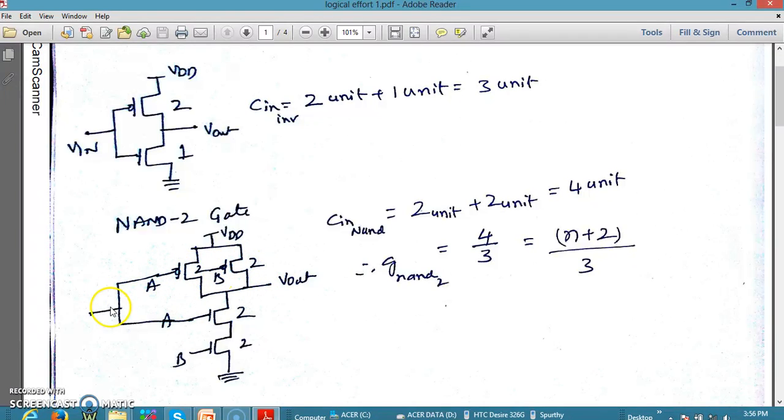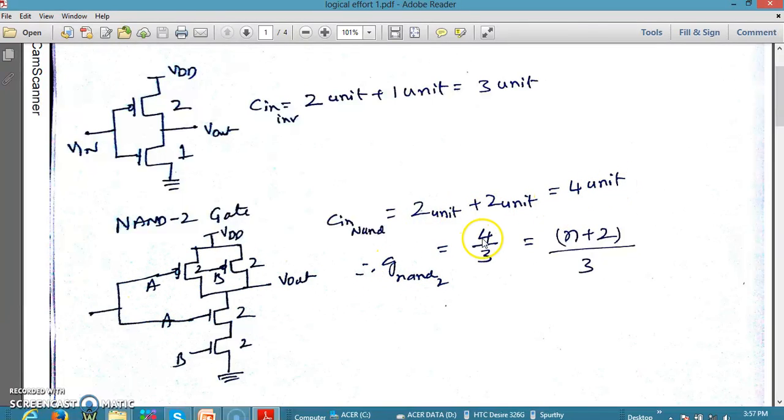So the input capacitance of this 2-input NAND gate is 2 units plus 2 units, which is equal to 4 units.